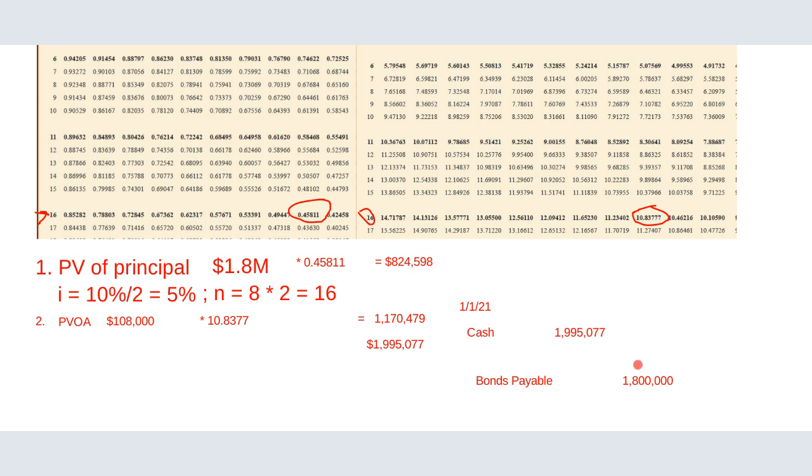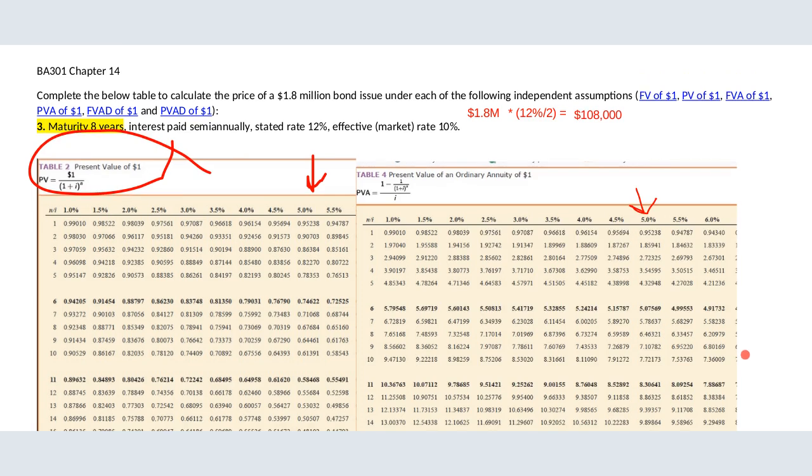And I have a difference. Oops, sorry. Wait a minute. Was this a premium? Yes, it is a premium, because the bonds' stated rate is 12% and it's greater than the market rate.